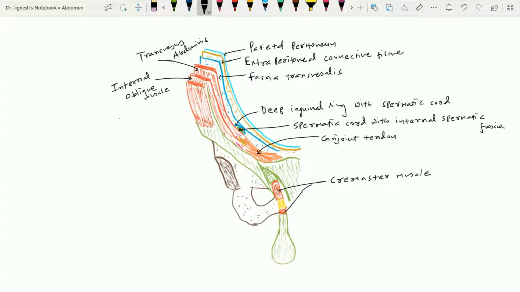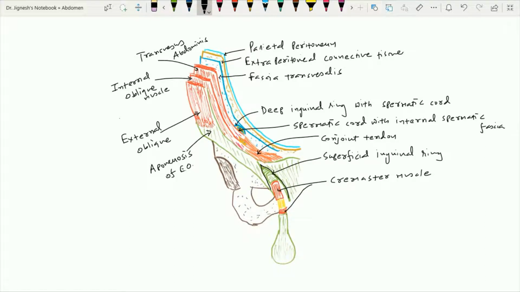And the most superficial muscle, which is present just in front of the internal oblique, is the external oblique with its aponeurosis. This aponeurosis of the external oblique has one gap within it, and this gap is called the superficial inguinal ring. The spermatic cord already has two coverings, one from the fascia transversalis, that is the internal spermatic fascia, and another from the internal oblique muscle, that is the cremaster muscle covering, and along with the cremaster muscle, it also has the cremasteric fascia.